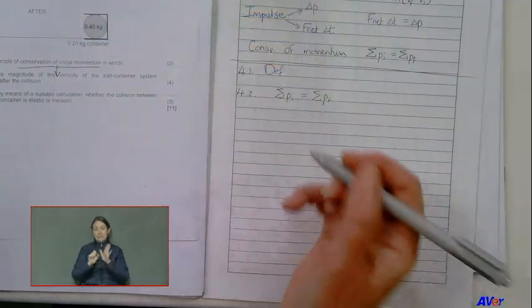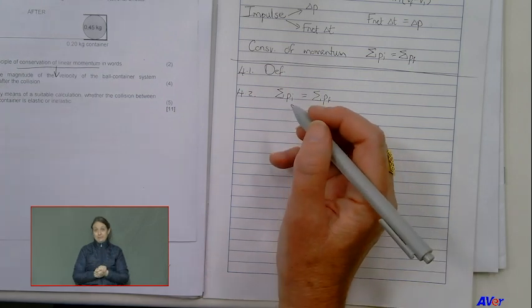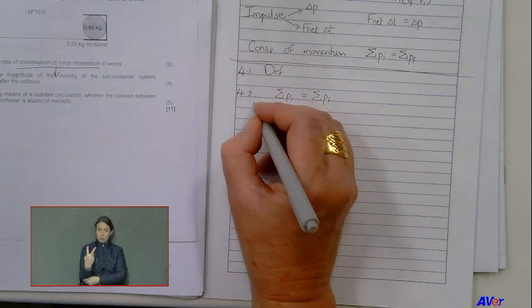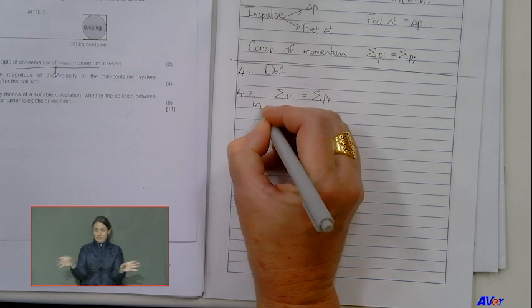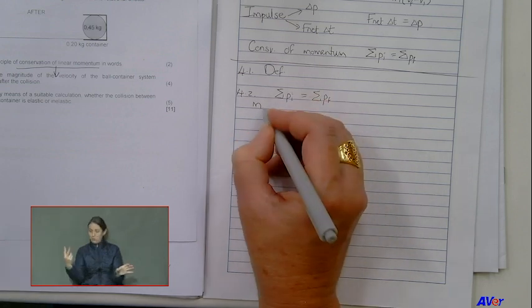So I'm going to say sigma Pi equals sigma Pf. That is the formula written out in symbol form. Beforehand, two objects. So I'm going to name them, you can name them 1 and 2, A and B, whatever.